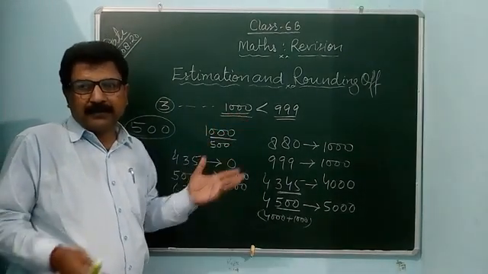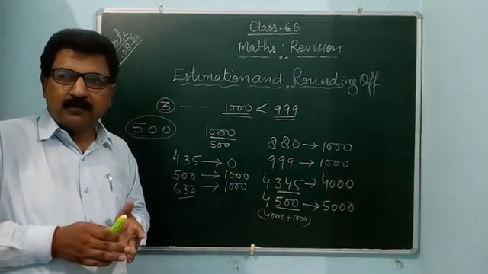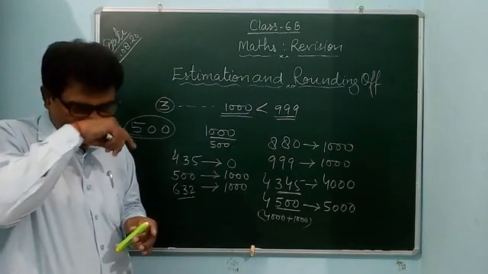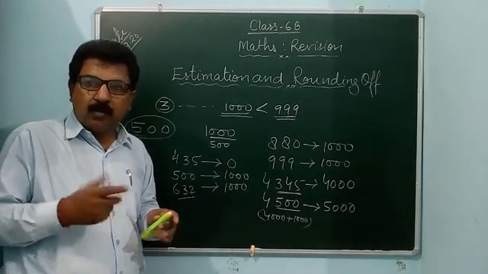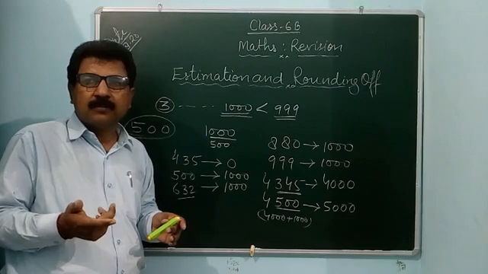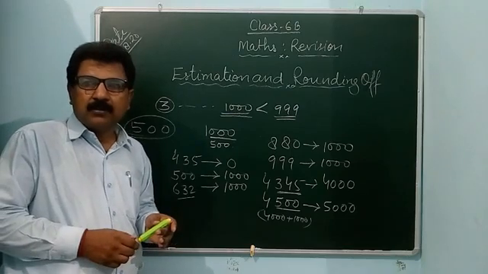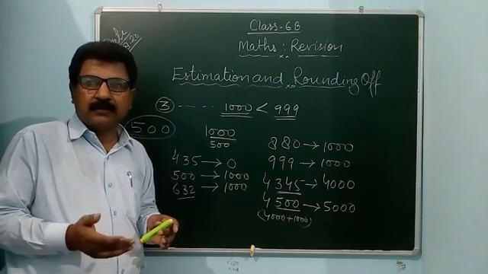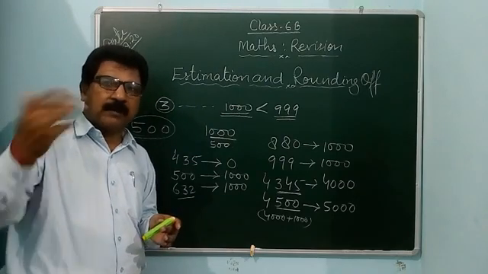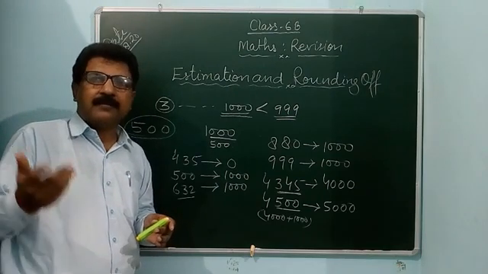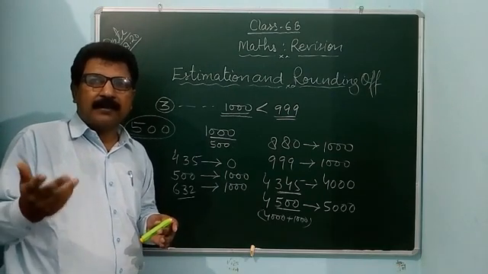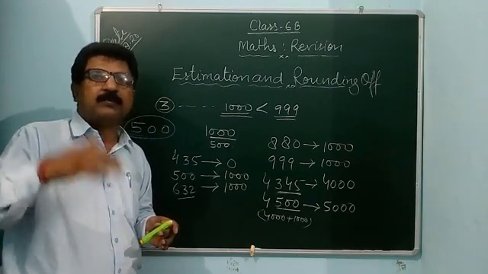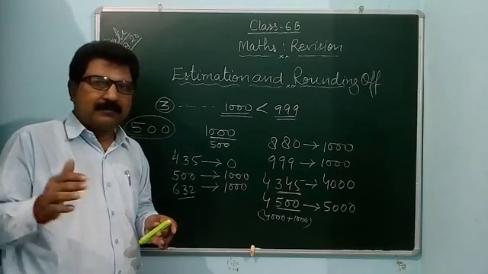You use 5 for 10, 50 for 100, 500 or more for 1000, 5,000 or more for 10,000, and 50,000 or more for lakh. Like this, estimation takes place.